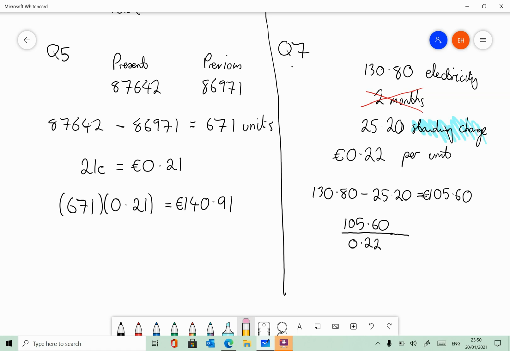So that's a calculator job. 105.60 divided by 0.22 gives me 480 units. So Mrs. Heaton used 480 units in that billing period.